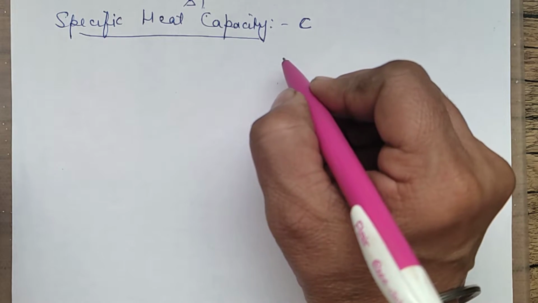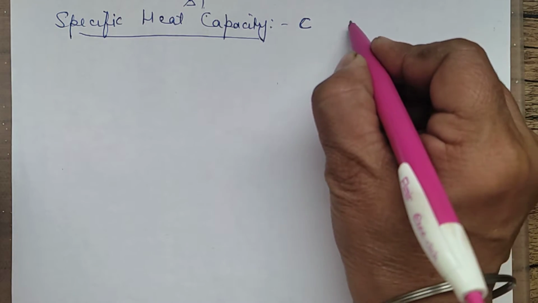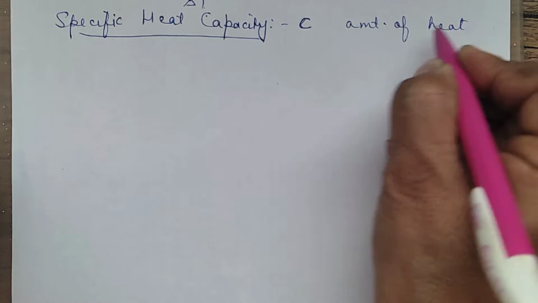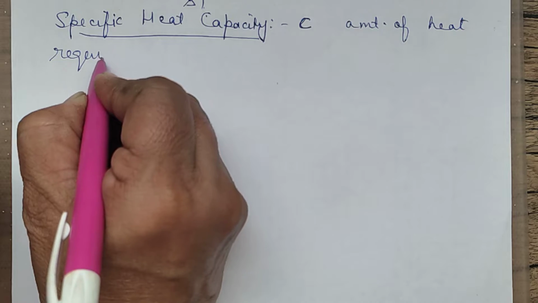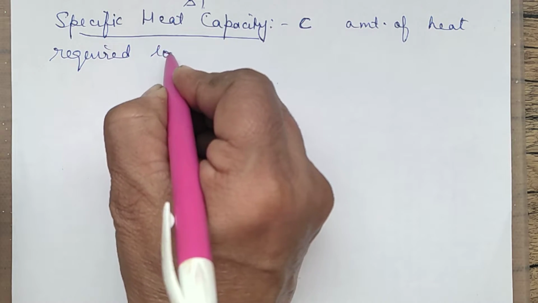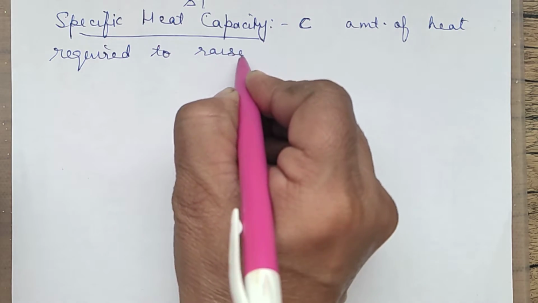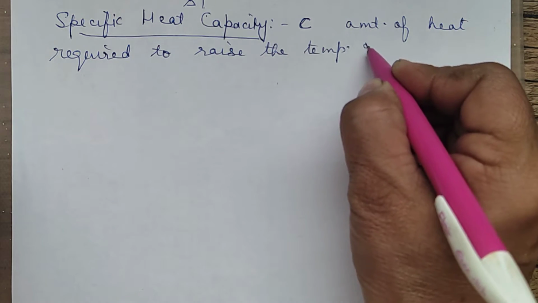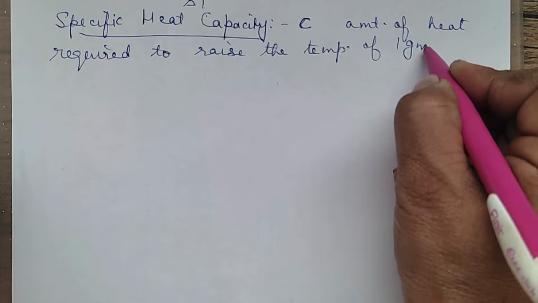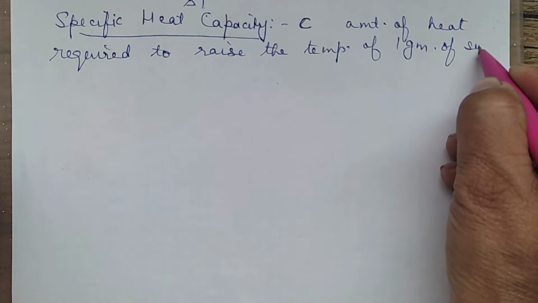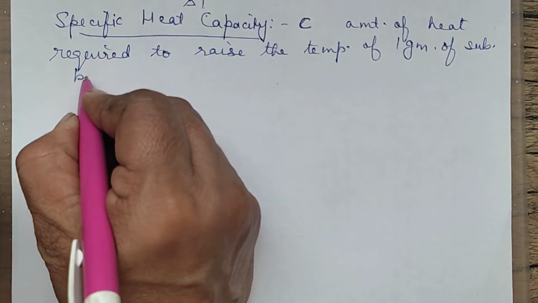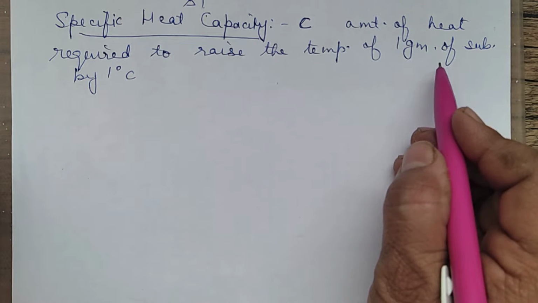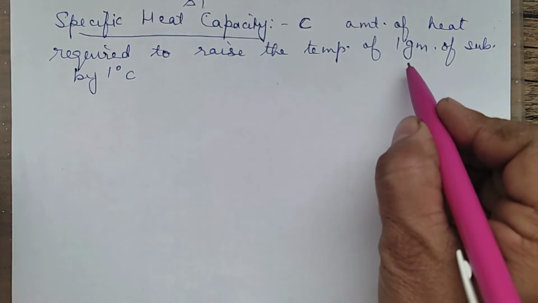Right, so we can define this specific heat capacity as the amount of heat required to raise the temperature of 1 gram of substance by 1 degree Celsius. We specify the amount here. You have some substance which is 1 gram.